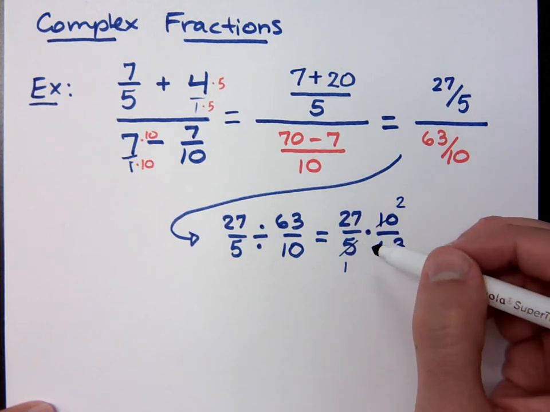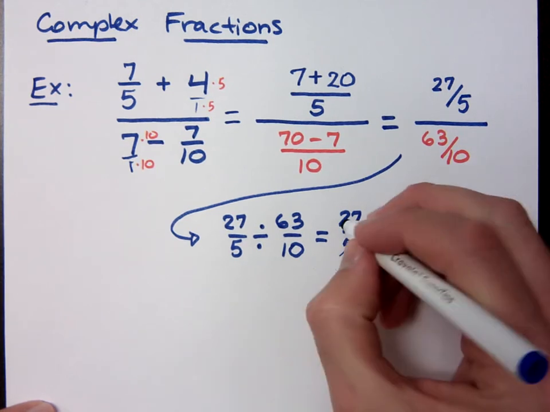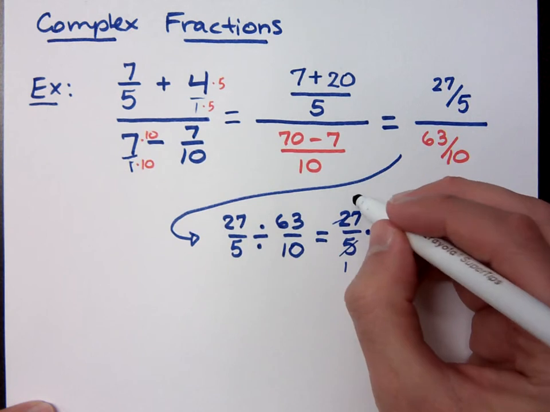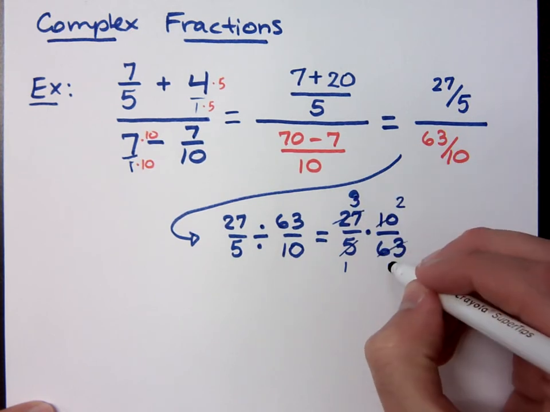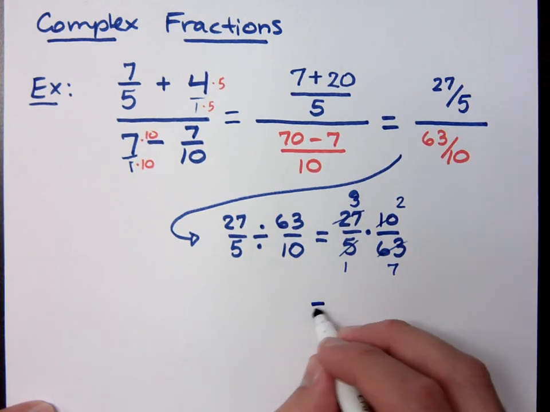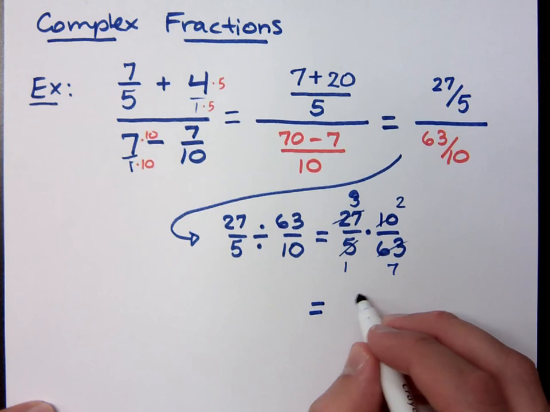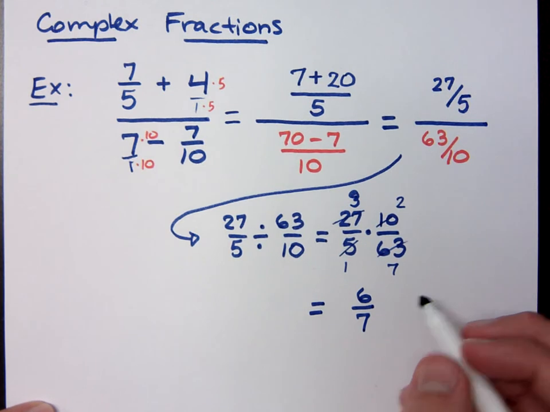I can do better than that. Common factor of 9. Right? So 9 goes in here how many times? 3. And 9 goes in here 7 times. So what do we have for our final answer? 3 times 2 over 7. So that's just equal to 6 over 7.